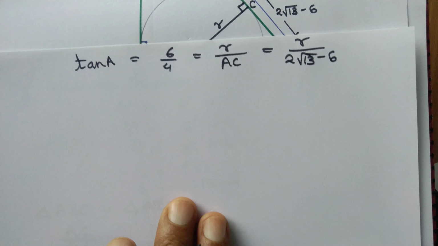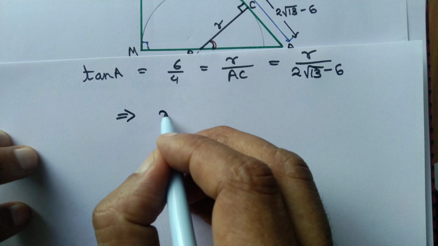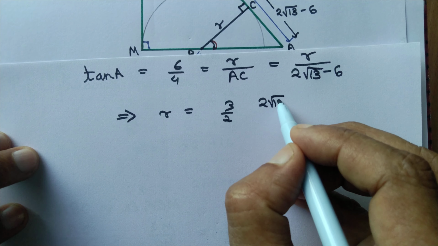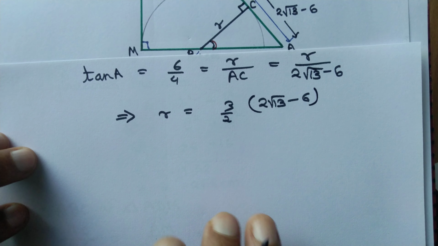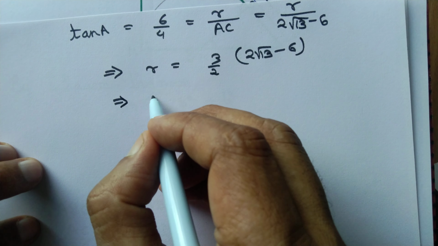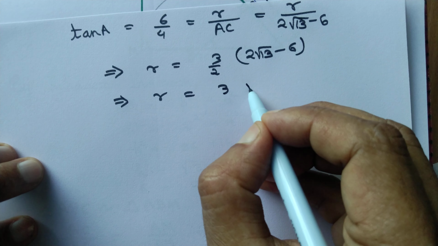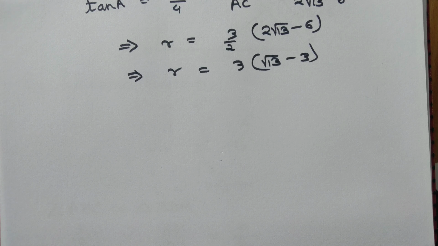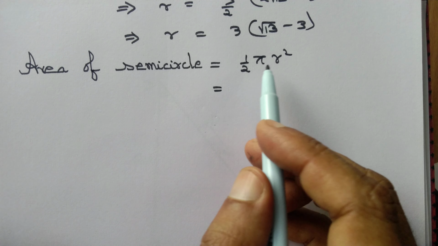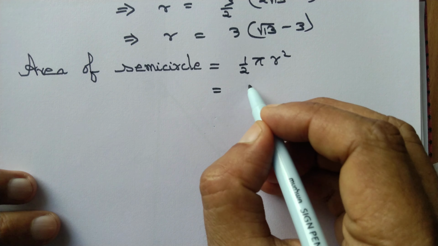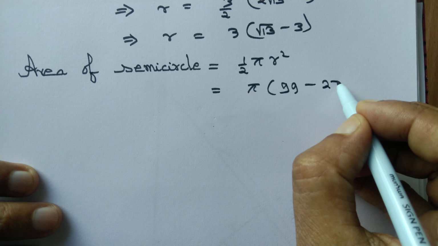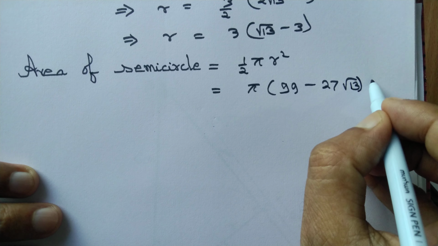We can cross multiply out and say that r equal to 3 by 2 times 2 root 13 minus 6. Once again we can cancel our 2 out, and we get r equal to 3 times root 13 minus 3. And lastly, area of semicircle equal to half of pi r square, and that turns out to be pi times 99 minus 27 root 13 centimeter square.